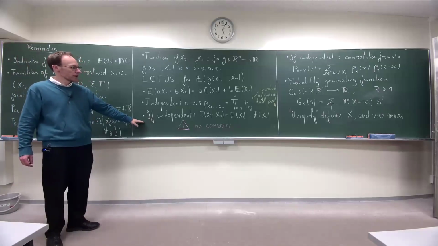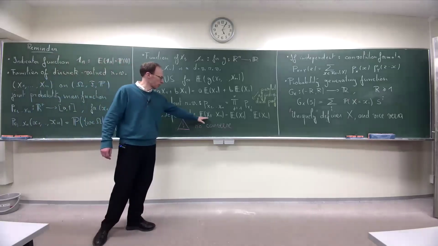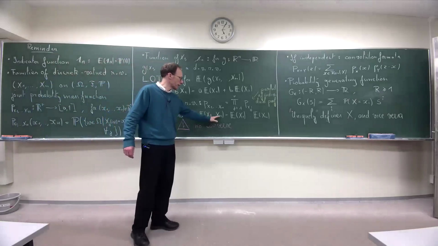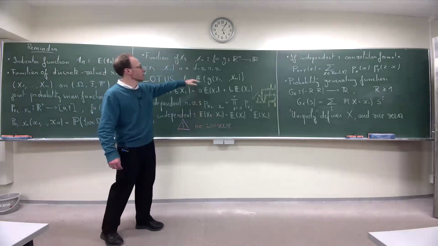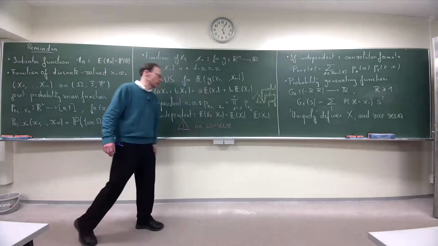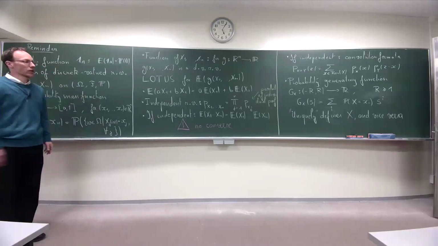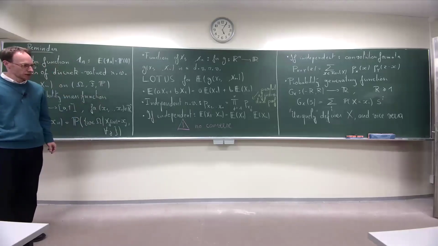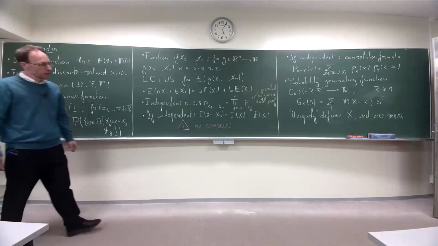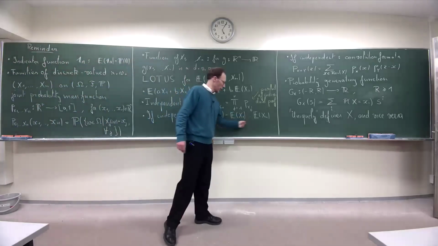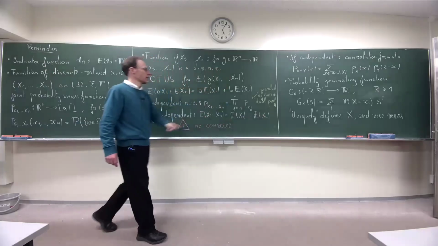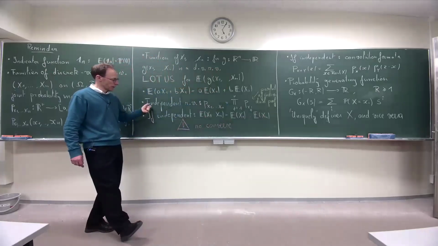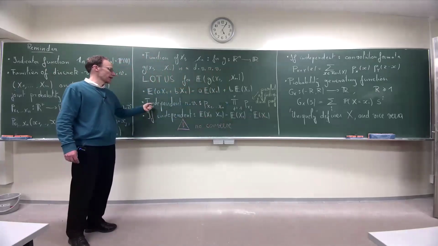The first one is the expectation of this product X1 up to Xn. This is a very special function g, which is just a product of the variables. If the random variables are independent, this is equal to the product of the expectations. Be careful, there is no converse. So if you have such an equality, you cannot deduce that the random variables are independent.